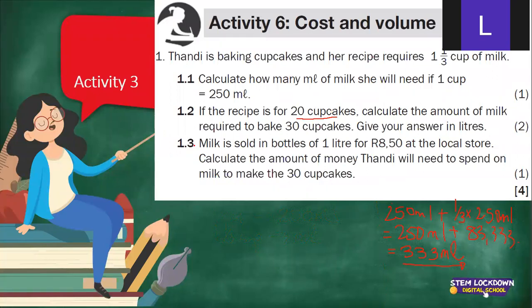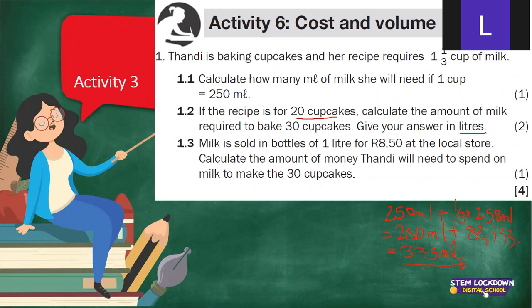Calculate the amount of milk required to bake 30. Now I need to know how much milk you need for 30 cupcakes. Give your answer in liters, right? So my answer must be in liters.